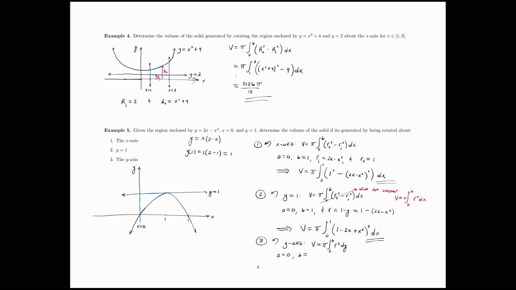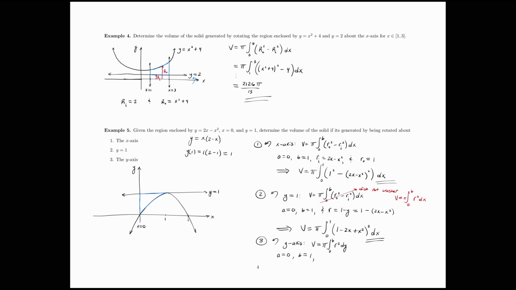B is the largest y value to which our region extends, so 1. So our region is still 0 to 1, just like before. But in this case, our radius, again, this is not a washer because we are rotating about the y-axis, and our region here actually touches the y-axis everywhere. So it begins there. So there's no gap. So this is a disk, not a washer.